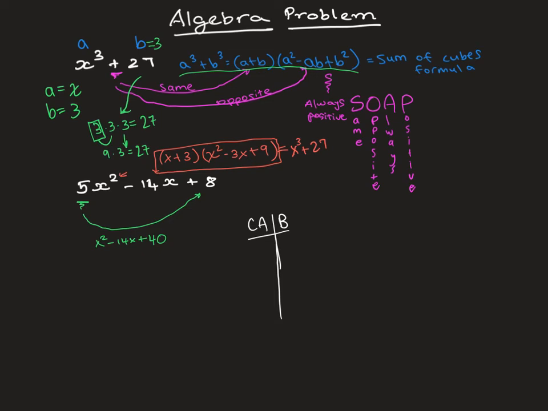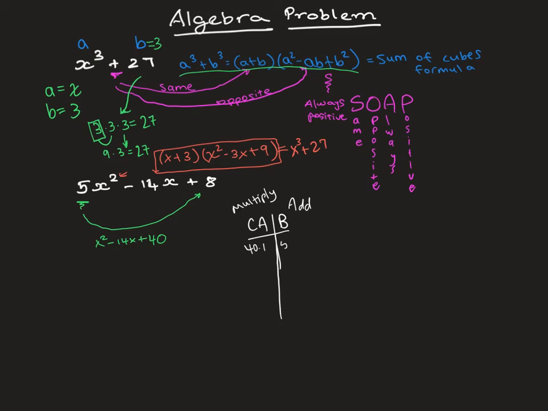So what's 40 times 1? 40. So what are two numbers that multiply to 40, multiply to your C value and add to your B value? So you've got 40 times 1.